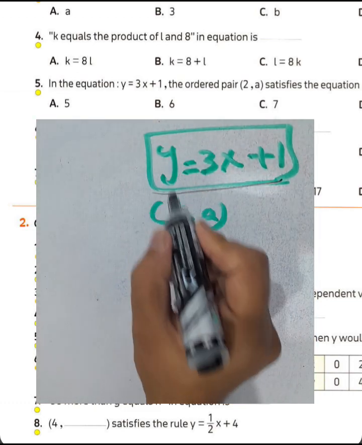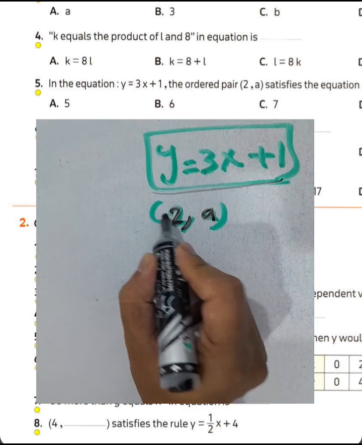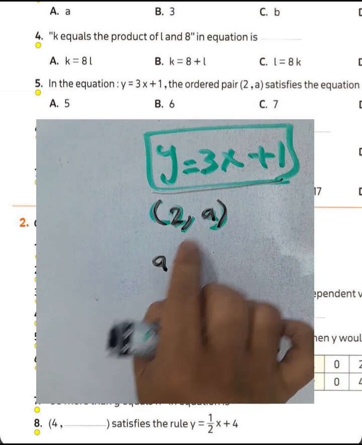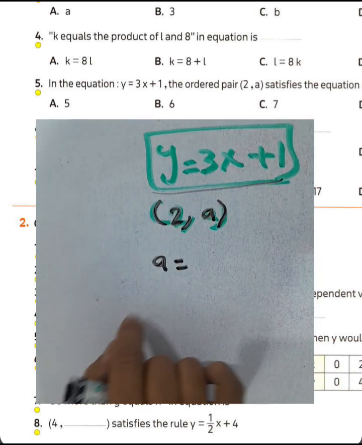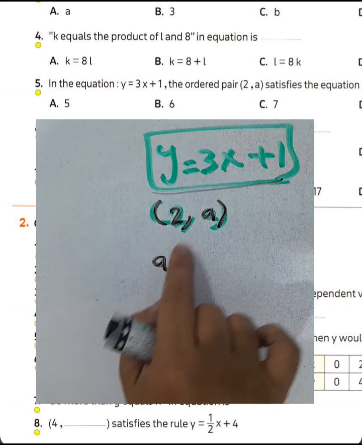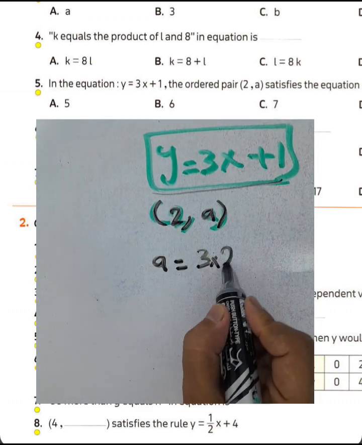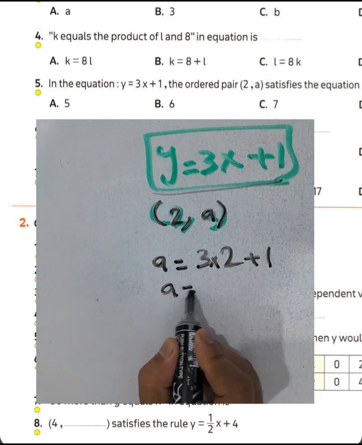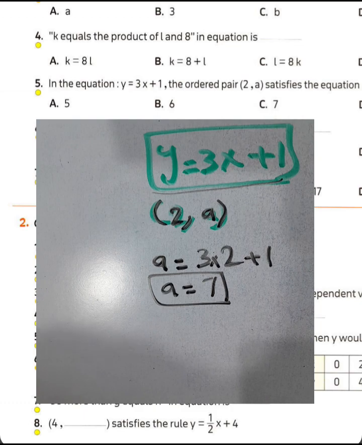Any point equals the ordered pair of x and y. Then 3x means 3 multiplication. A equals 2 times 3, 6. 6 plus 1 equals 7. Choose letter C.